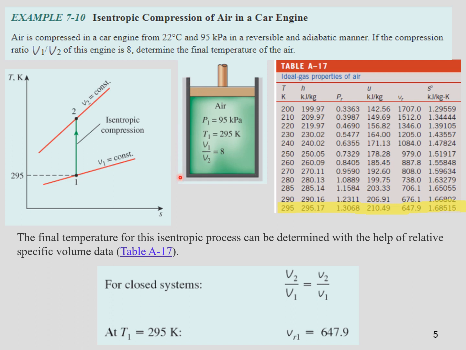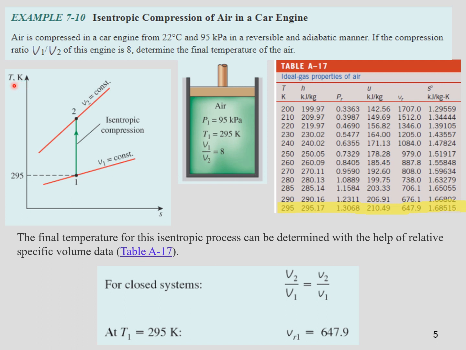The piston moves up and down, and the ratio between the piston at the top of its stroke and at the bottom is 8.